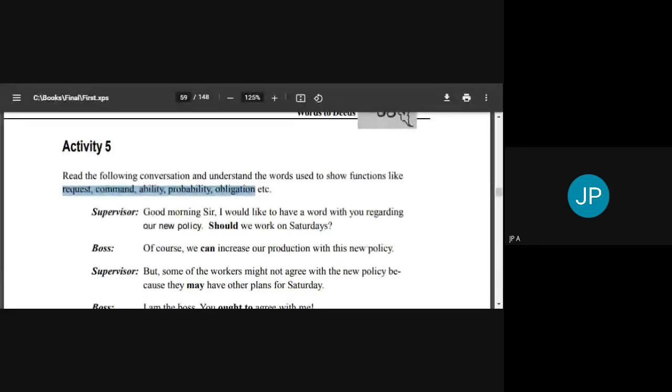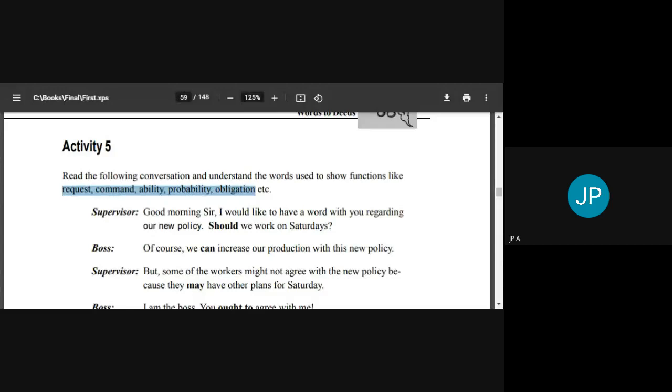Ability. Exactly, Shrishma. It is ability. So here the boss is saying that we can increase our production with this new policy. Here can indicates the ability. If it is possible, we are able to increase our production if we work on Saturdays also.